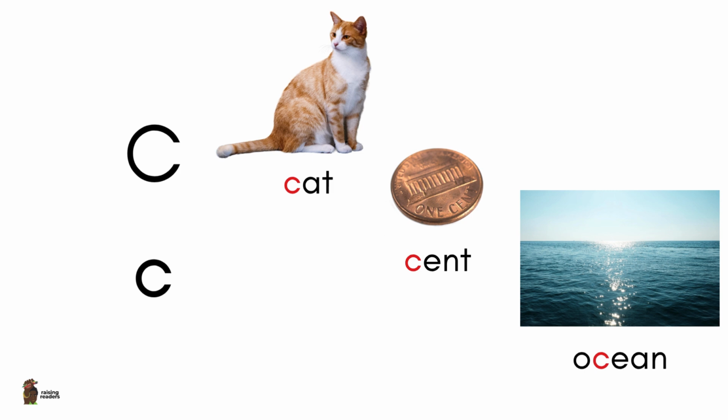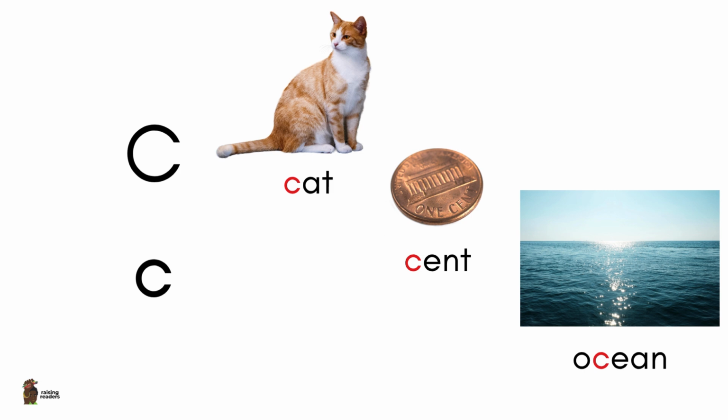And the third sound, which we'll learn probably last, whenever we're working on C sounds, is ocean, or magician. So the C also can make the sh sound next to an I, next to an E, and with a little ending. But we'll do that one last.